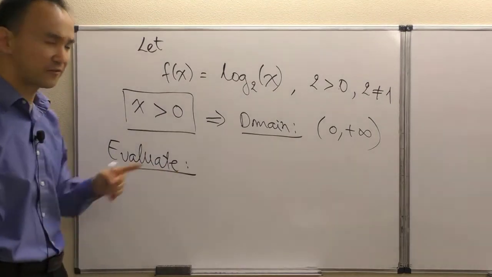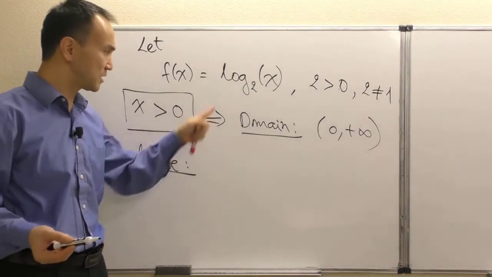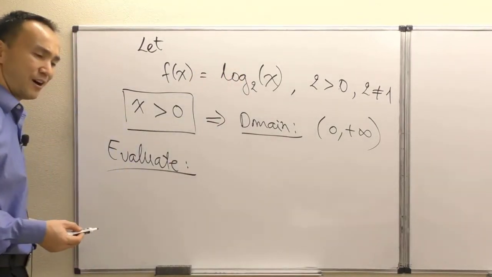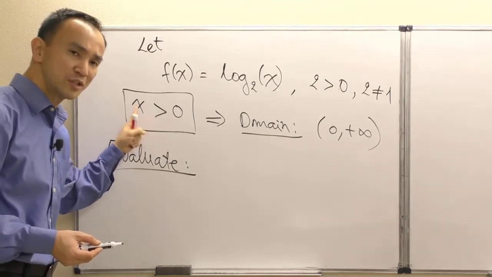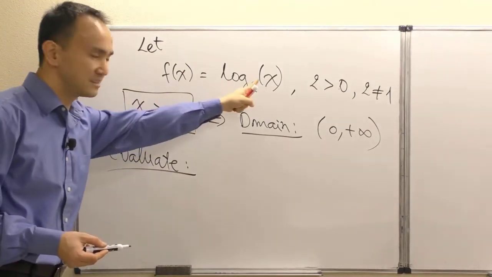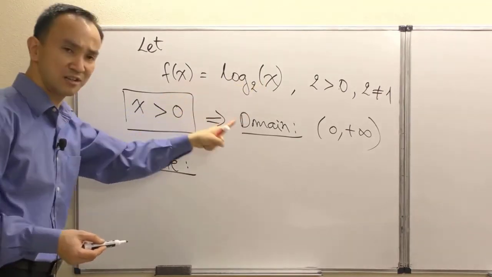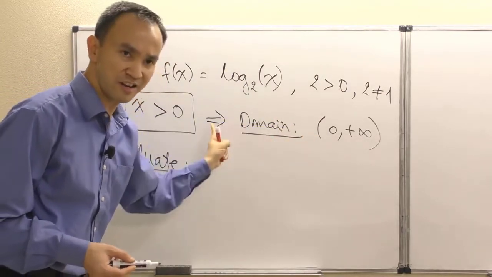Let's give the function a few different inputs and get comfortable with the log base 2 of x function. To keep this as a requirement, we only use positive input values. That's why I wrote it down as a domain here.